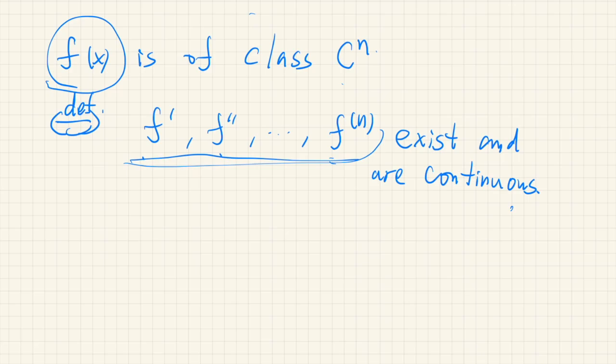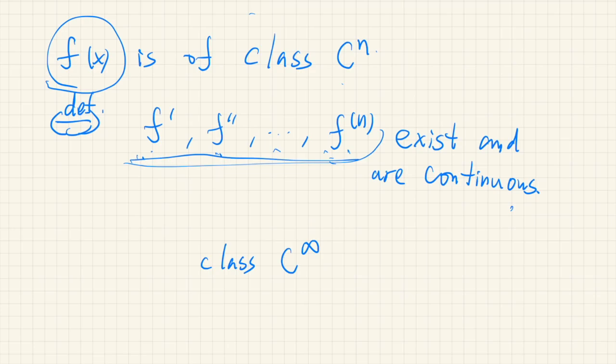And if we can differentiate this function infinitely many times, then we say f of x is of class C infinity. This means all the higher order derivatives exist, and since they can be differentiated indefinitely, all of them are continuous, of course.